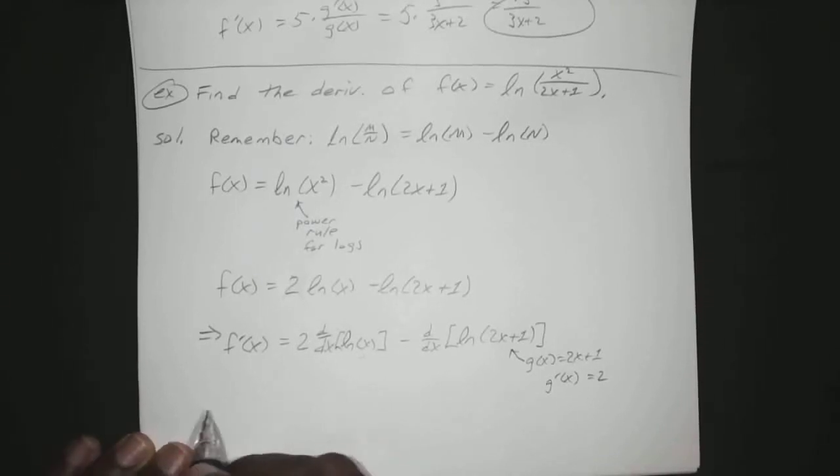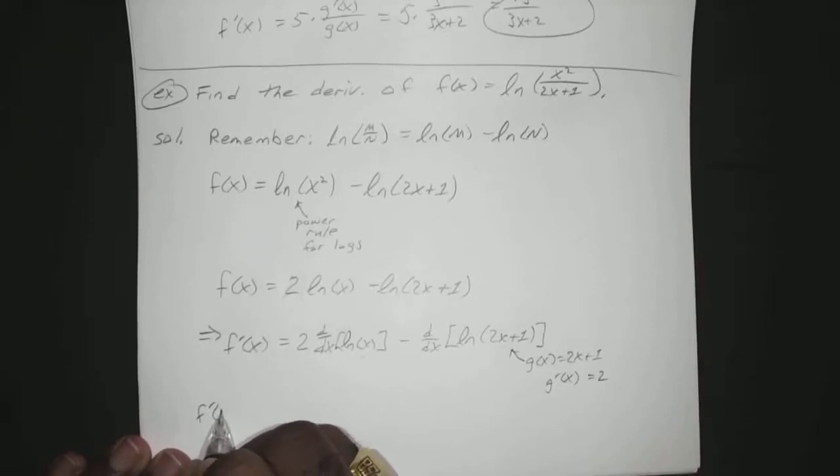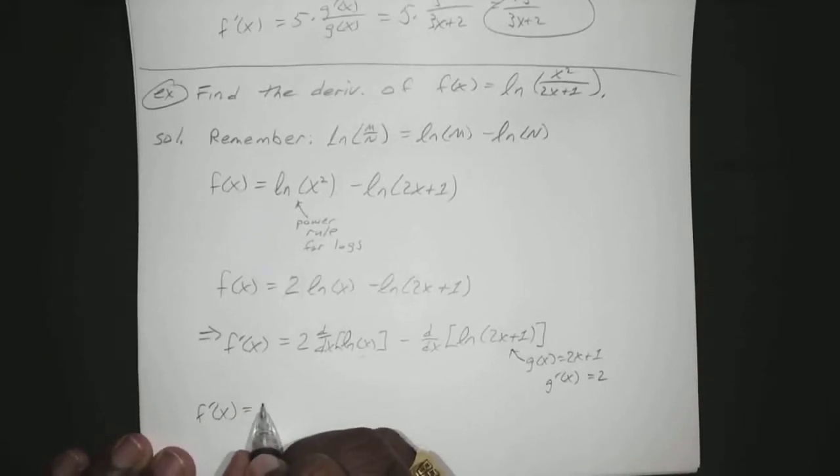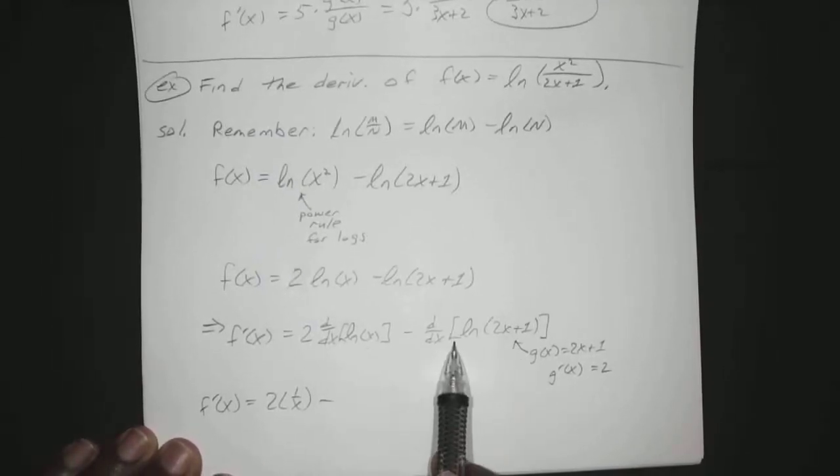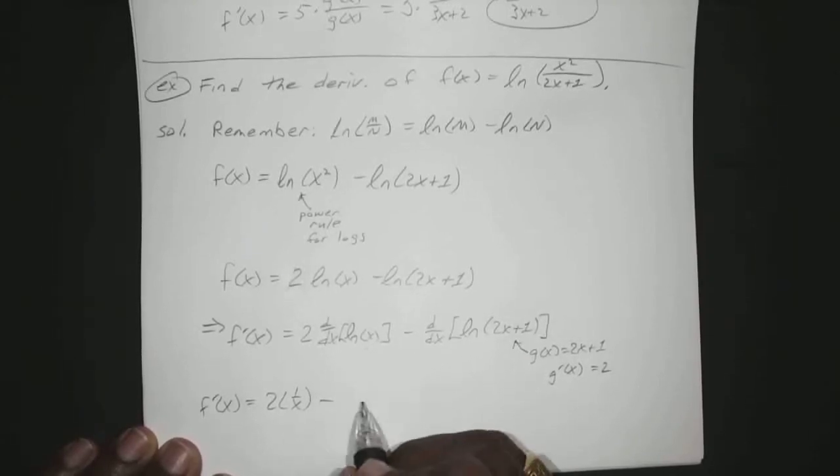Okay. So that means our f prime of x is equal to 2 times 1 over x minus, remember that's just g prime over g, which is 2 over 2x plus 1.